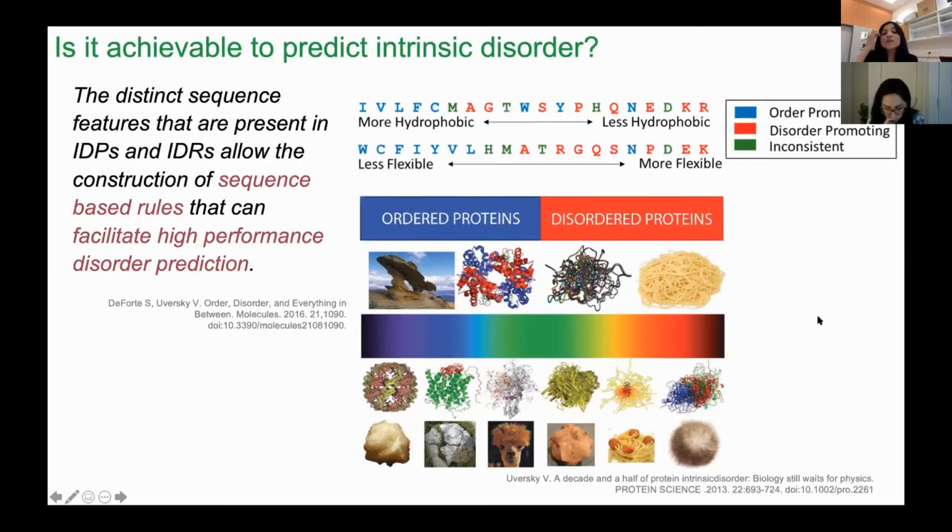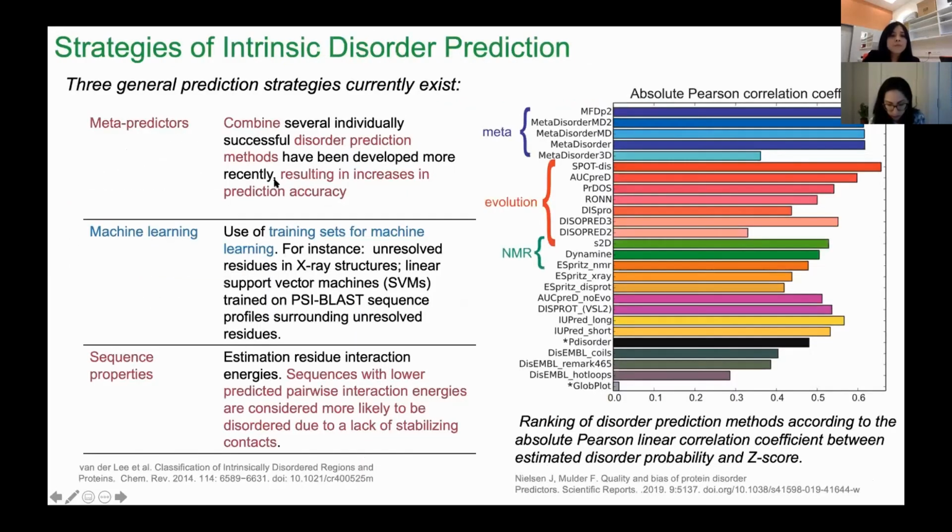And as you may know, there are a lot of disorder predictors nowadays. But how is disorder predicted? There are several strategies of intrinsic disorder prediction.